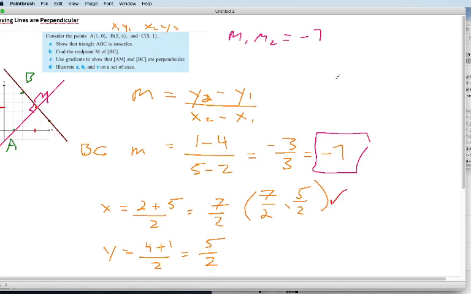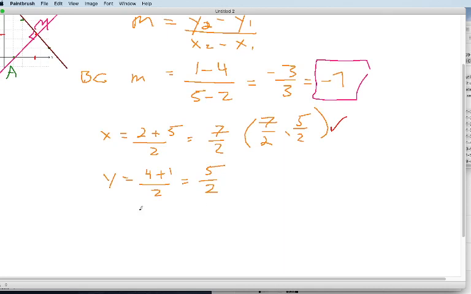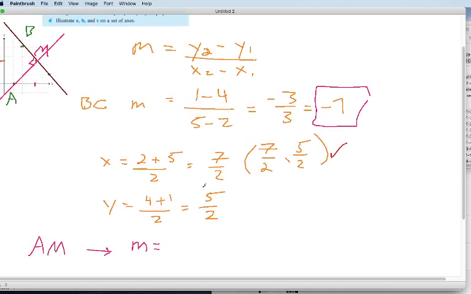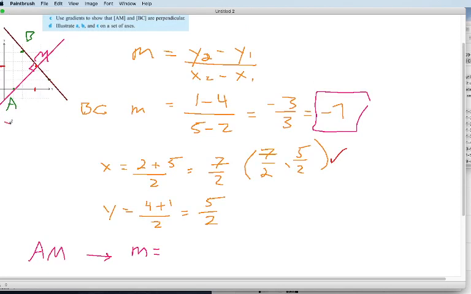If I go, so the gradient of AM, oops, I don't want to put that too close. So AM, that's this gradient. So let's make my A x1, y1, and let's make my M x2, y2. That way I can concentrate on which one is which.